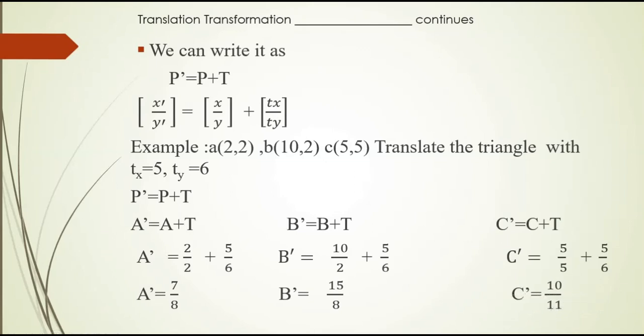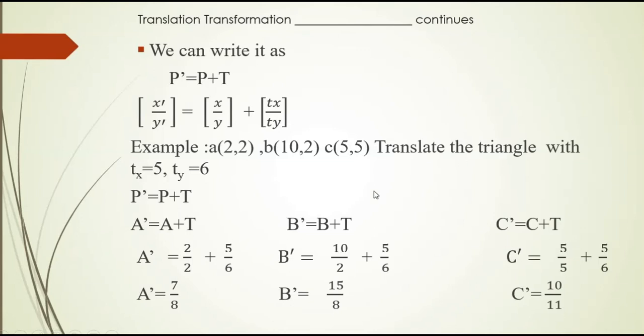So let me explain an example of the translation transformation. Here is the example: A is 2, 2, B is 10, 2, and C is 5, 5.